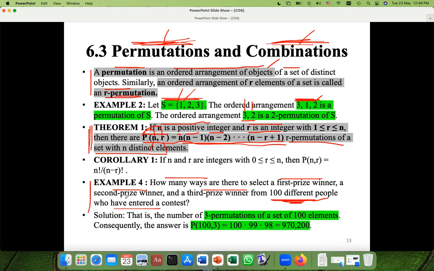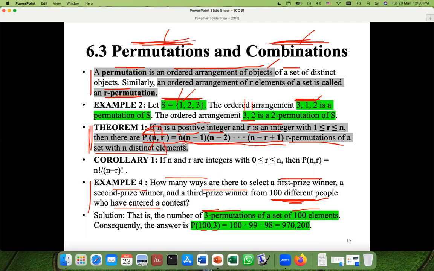First prize winner, second prize winner, third prize winner. So 3 things you want. You want to identify 3 permutations. Your r is 3, your n is 100. And then you can put it into that formula, P(100, 3).